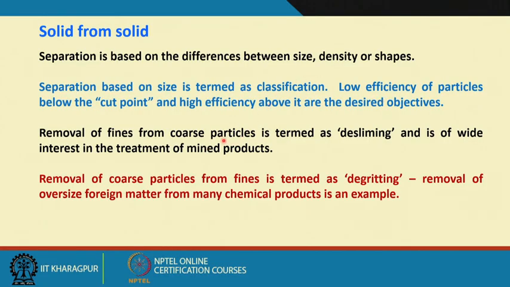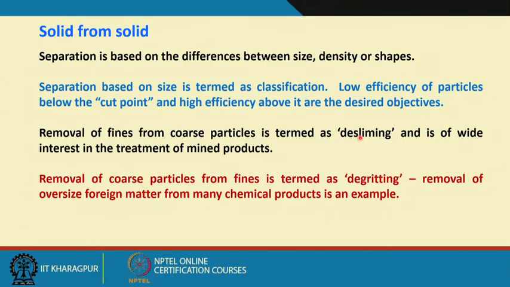Removal of fines from coarse particles is termed as desliming. We have discussed it many times. We have seen that even mechanical classifiers, or maybe spiral classifiers, we can use as a desliming unit, and many times when the desliming has to be done at relatively finer sizes, we use the cyclone, and when we use it for desliming purposes, we call it a desliming cyclone.